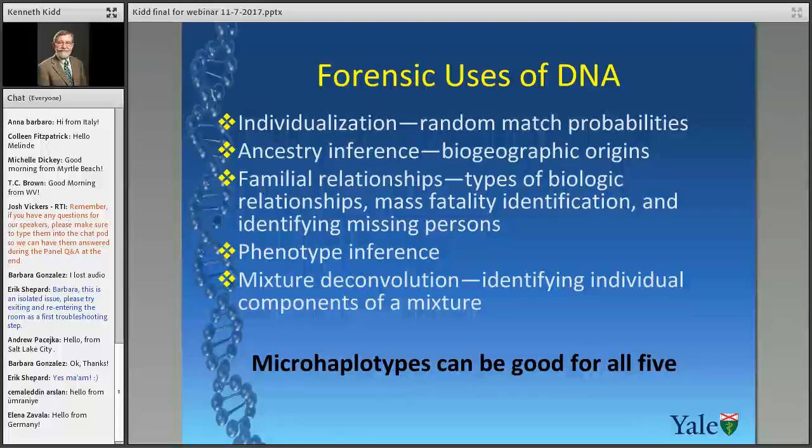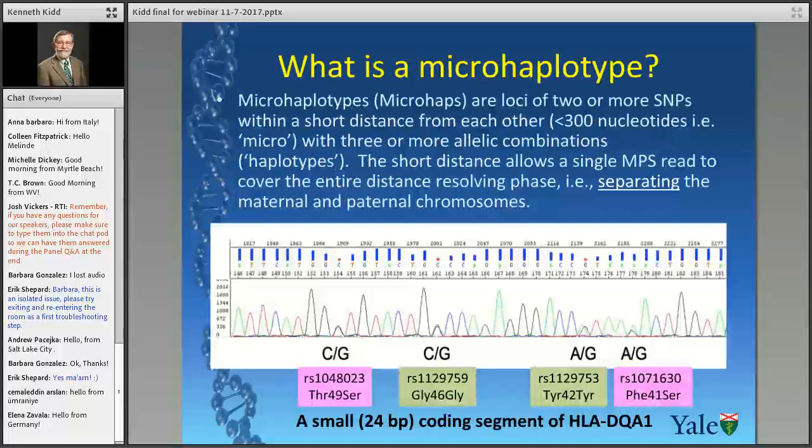There are many individual SNPs now available for phenotype inference, eye color, hair color, skin color, and increasingly mixture deconvolution is becoming a major issue in forensic practice. It's difficult to do well with the short tandem repeats.